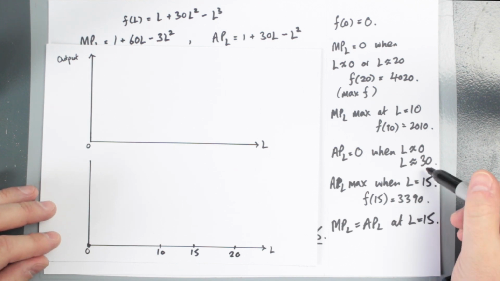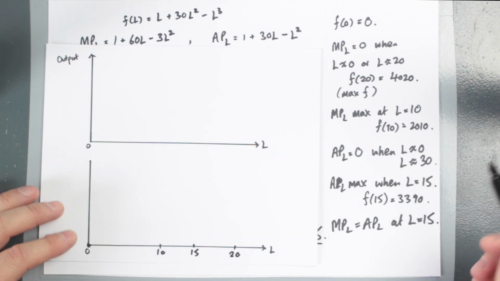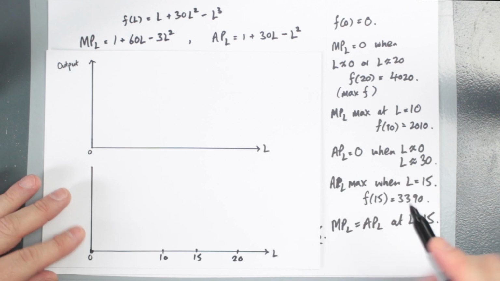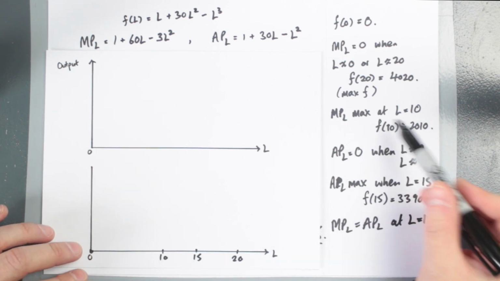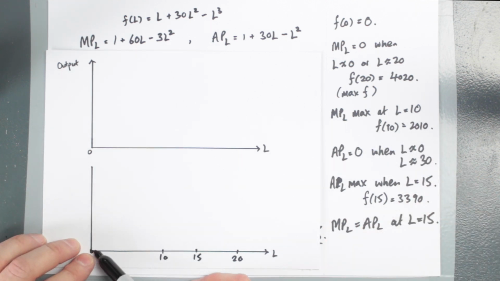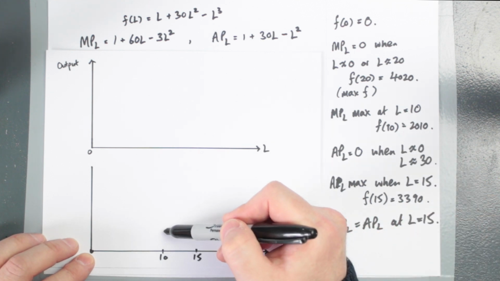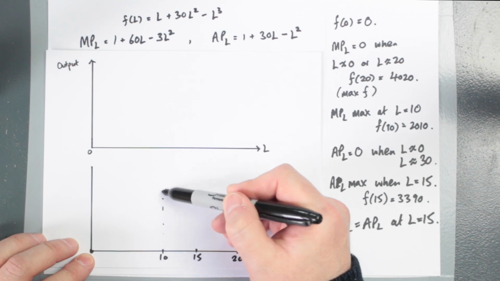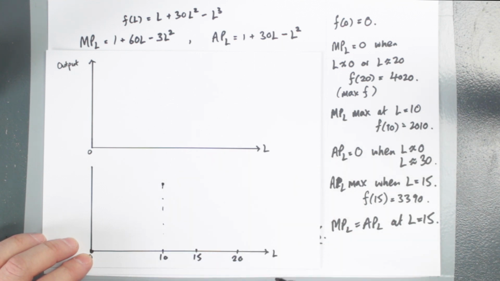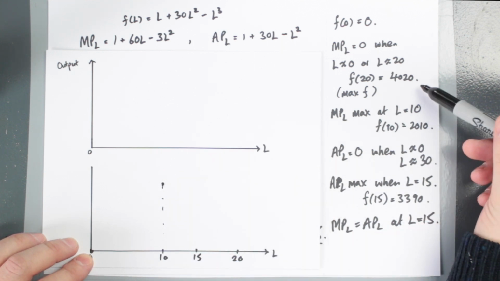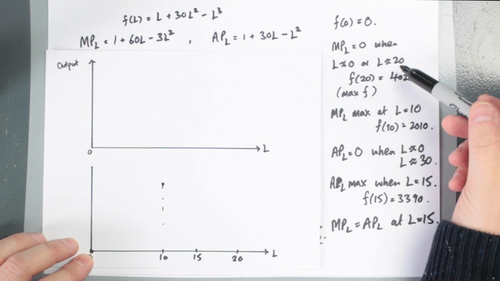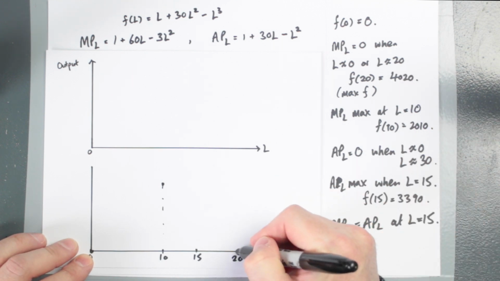We'll leave 30 off. I think it was left off in the textbook as well. So the marginal product of labour is going to start at 0. It reaches its highest point when labour is equal to 10. Okay, so somewhere here. And then MPL equals 0 when L is approximately 20.